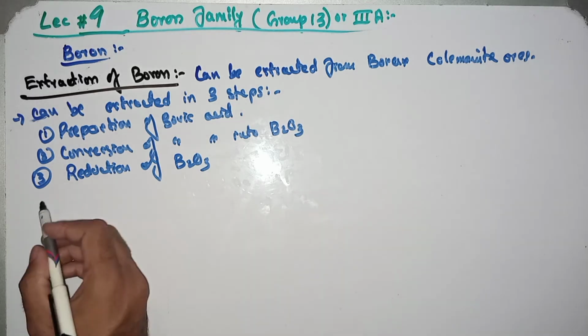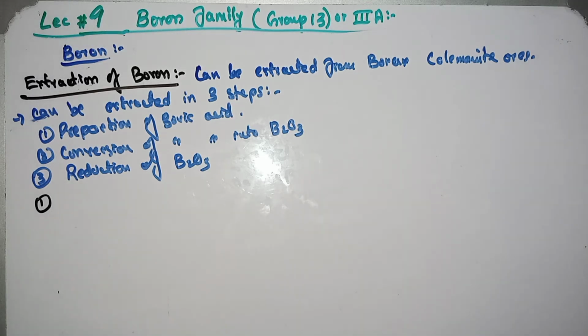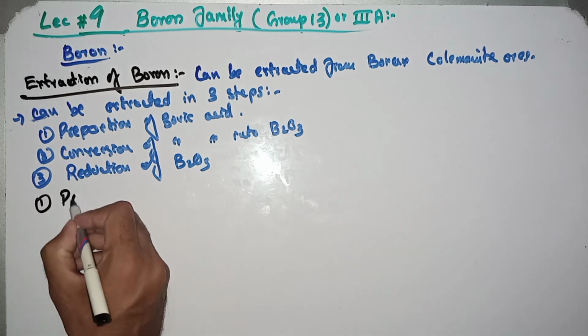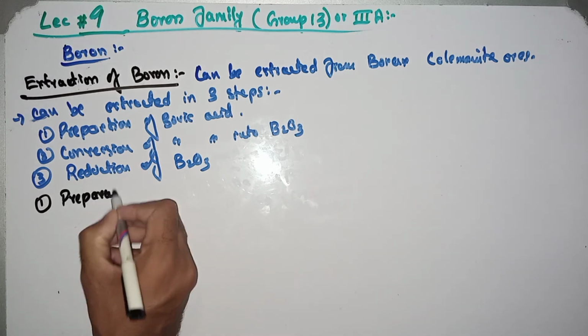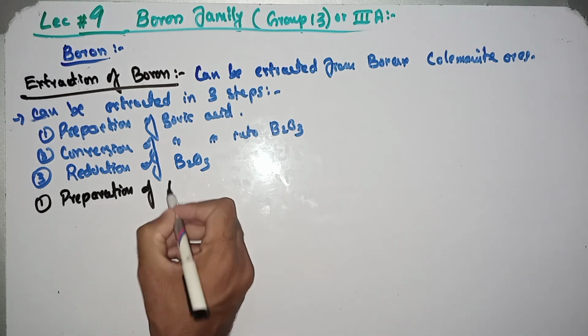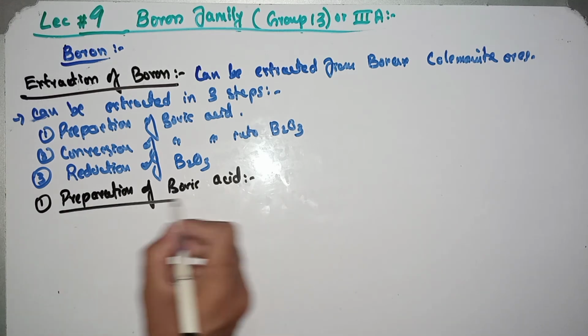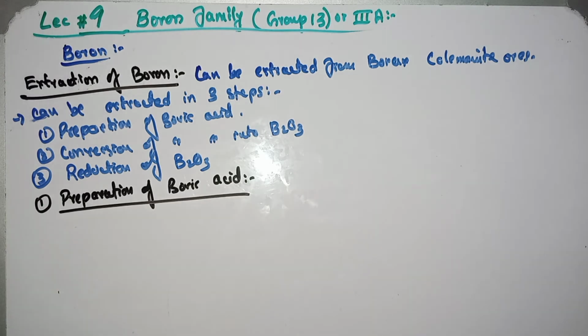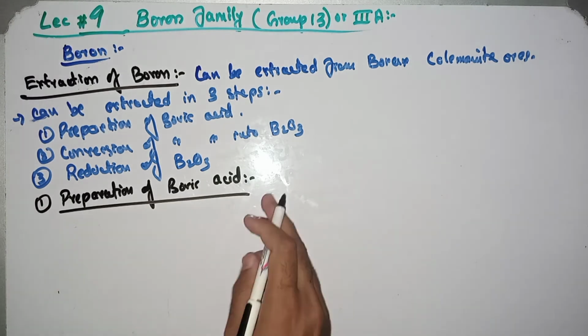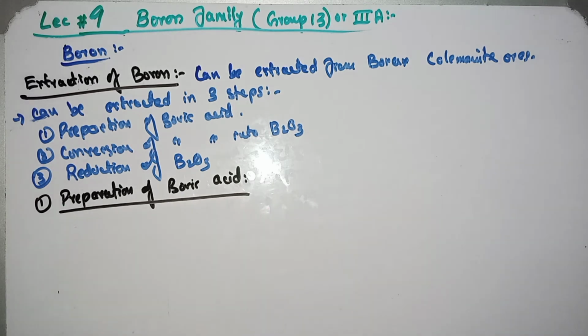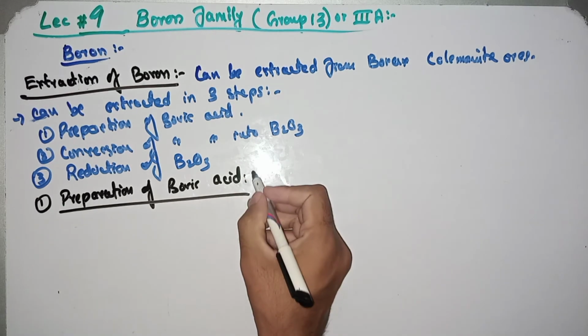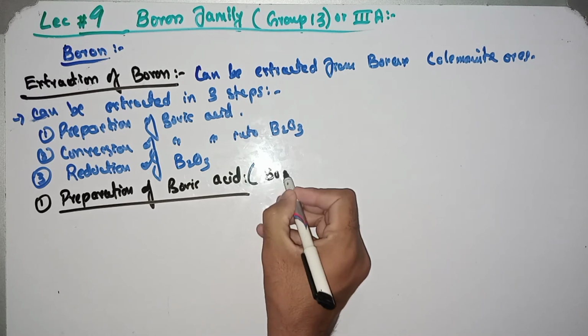Number one, preparation of boric acid. How? Preparation of boric acid from borax.